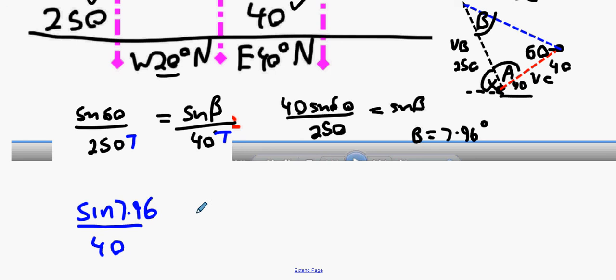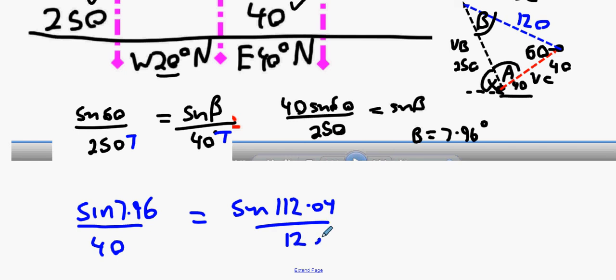Sorry, I'm going to use the 120 because it's the only one that hasn't got t in it, which means they won't cancel, which means I need to use sine A. We know A is 112.04 over 120, and this should directly get us t.